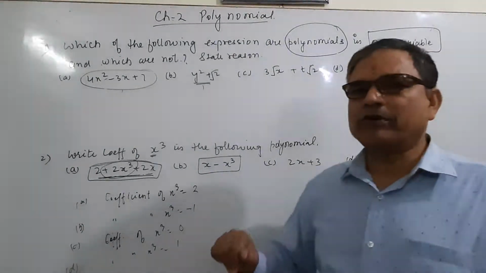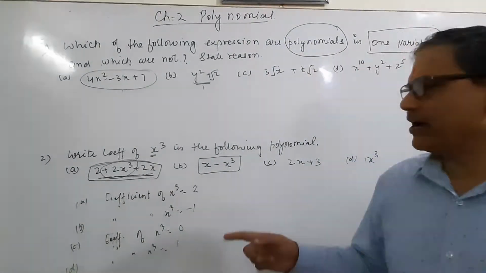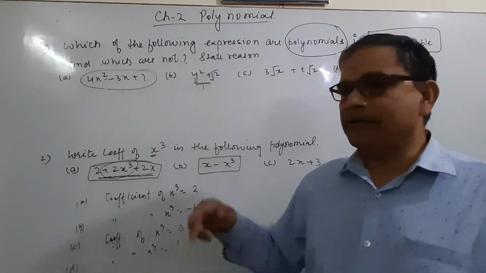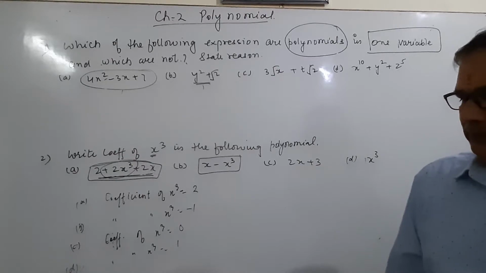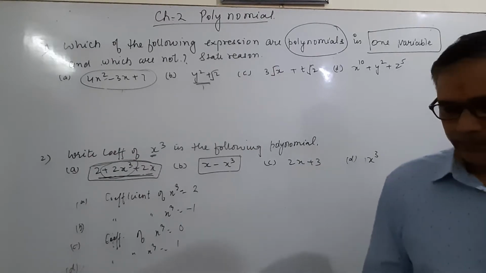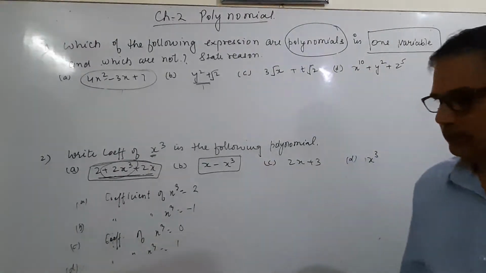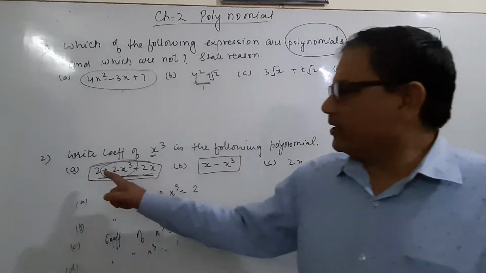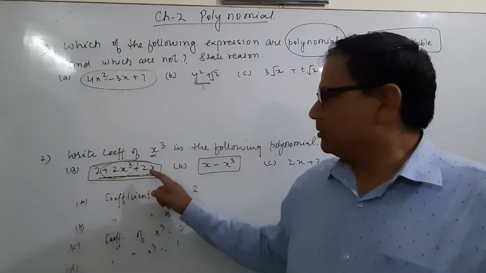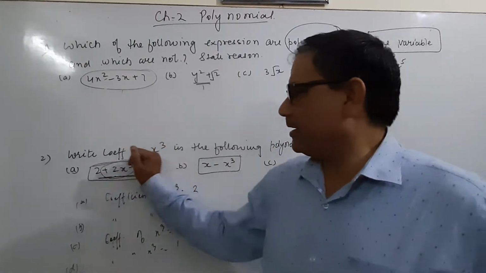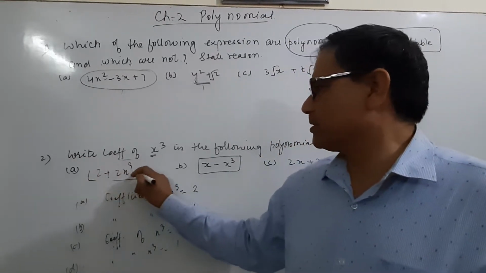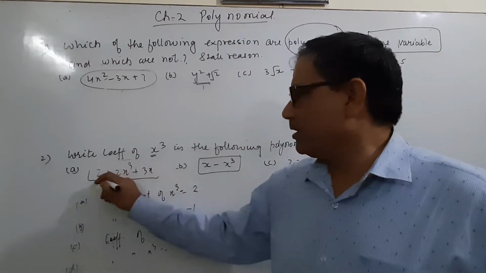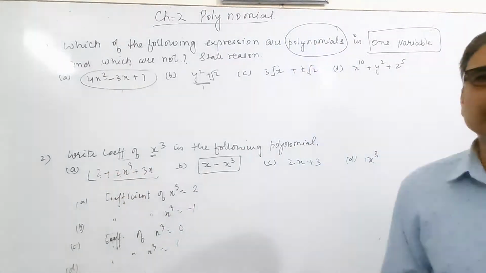And on the basis of terms, classify the polynomial. It contains 1, 2, 3 terms. I am writing again: 2 plus 2x cube plus 3x. 1, 2, 3, three terms are there.